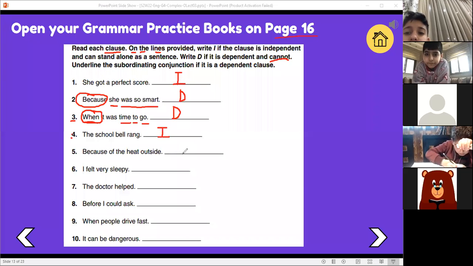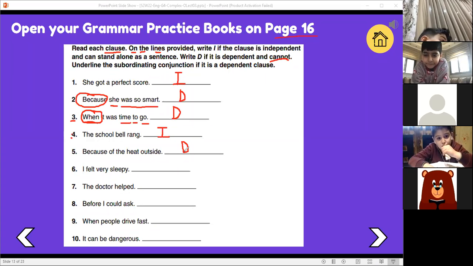Miss, I want to tell you something. Yes, go ahead, Salma. When I finished the video, I came to the practice book, I opened it, and solved them. Like, she got a perfect score because she was smart.